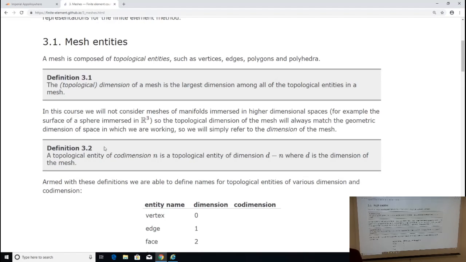So for current purposes, it's just topology. And the dimension of a mesh, the topological dimension of the mesh, is the largest dimension of all the topological entities in the mesh. And a topological entity is a vertex or an edge or a face or a cell in 3 dimensions. So a thing, in other words.